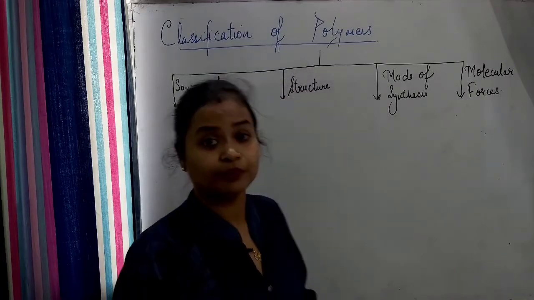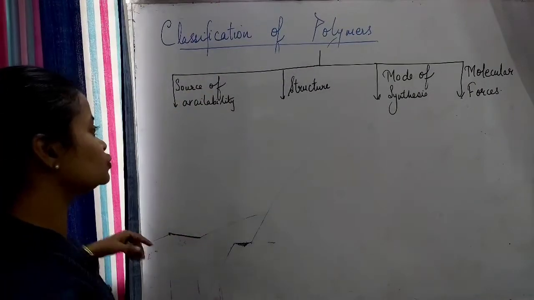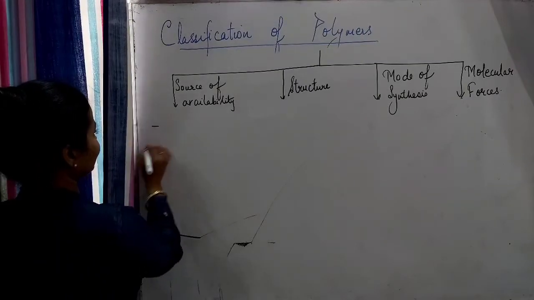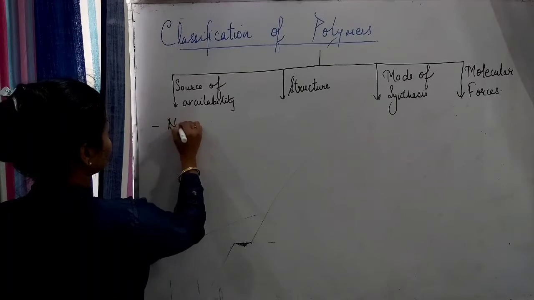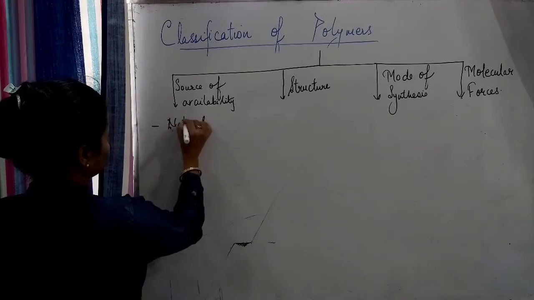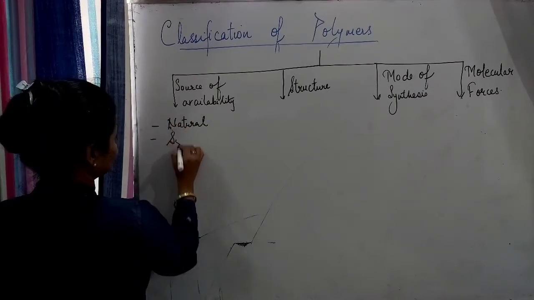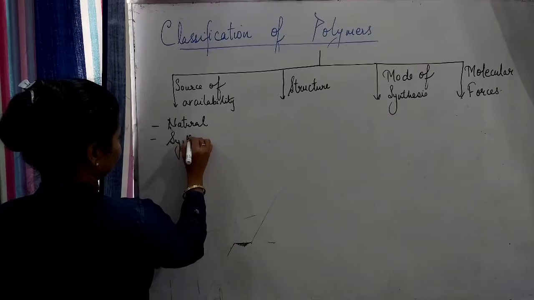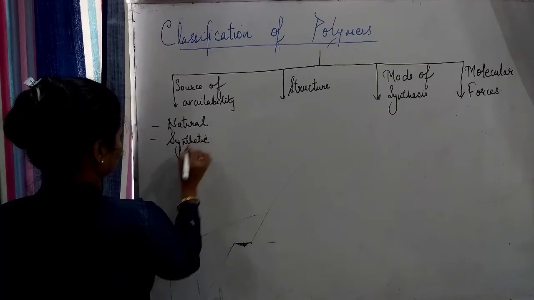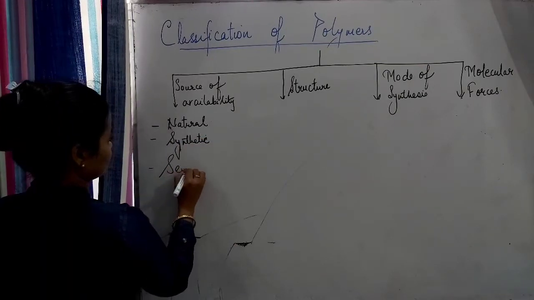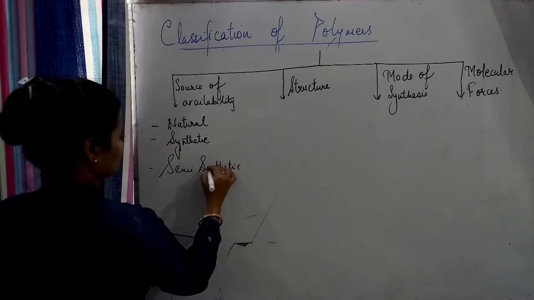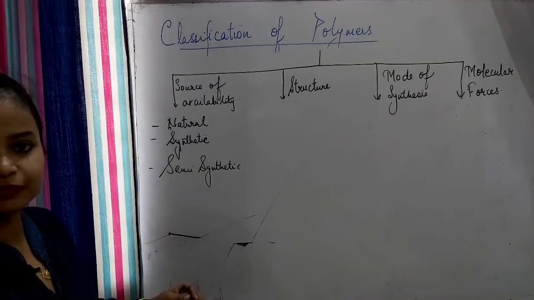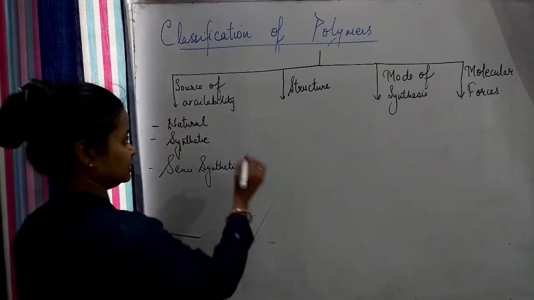Okay, so now on the basis of source of availability they are being classified into first natural polymers, second synthetic polymers, and third one is semi-synthetic. Okay, these are the three types on the basis of source of availability.